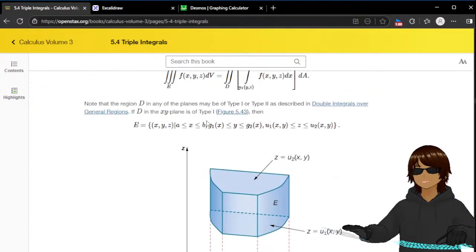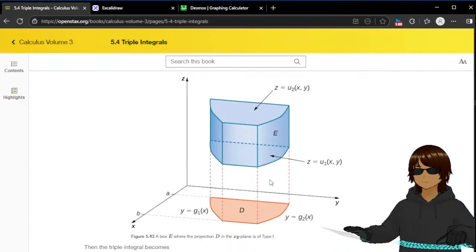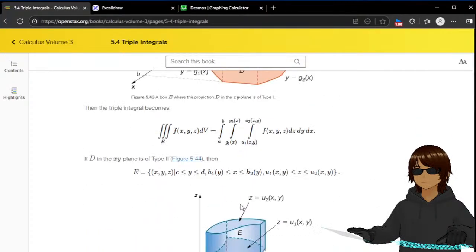Between a and b, y is between g1 and g2, z is between u1 and u2. Then the triple integral becomes like this. First between u1 and u2, then g1, g2, and then a and b.